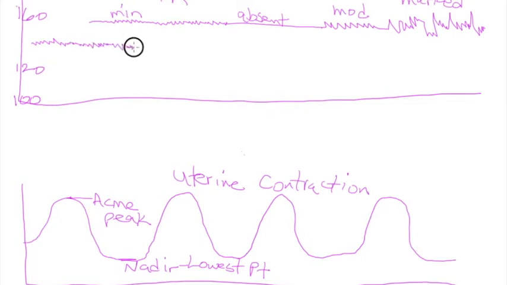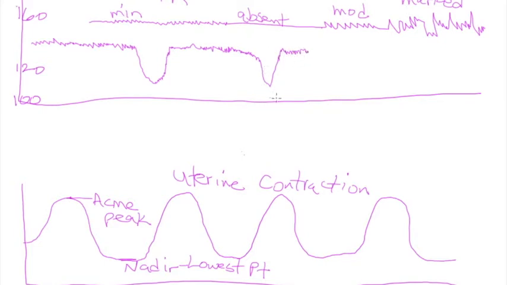And before the uterus contracts, we have a dip in the heart rate, and it goes back up to normal, to baseline. Still have variability. And another dip, but we go back to baseline.